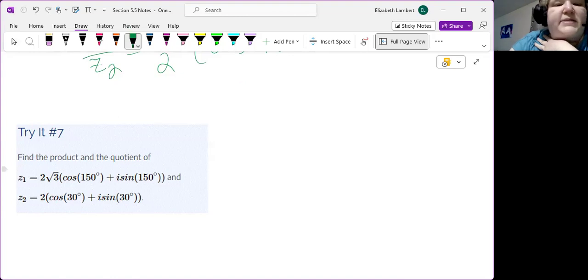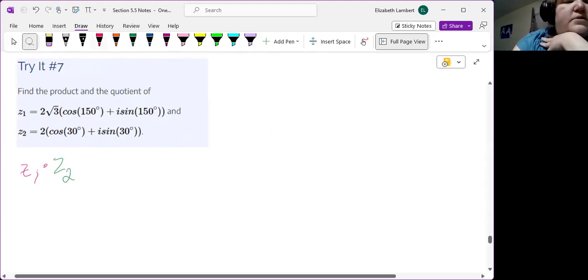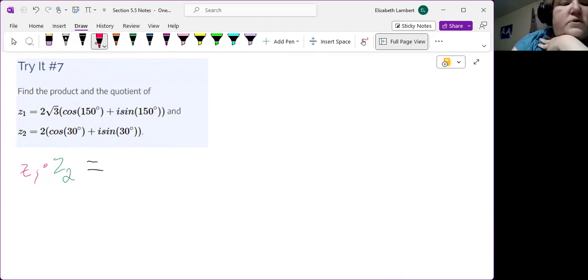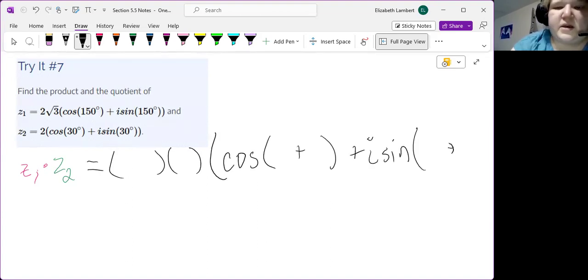All right, so Z1 times Z2 equals our first radius times our second radius times the cosine of thing plus thing plus i sine of thing plus thing.